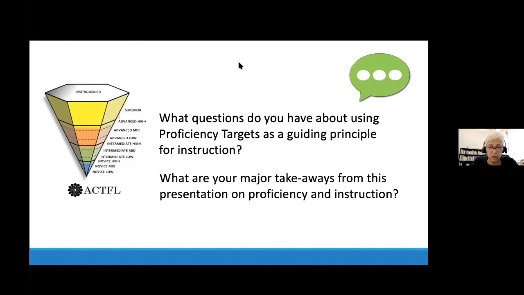So I've noticed a question that has popped up a couple times. Should we use the standards or should we use these ideas around proficiency? I want to make clear that proficiency is what we want students to develop, because it's like learning to play the piano, using the different modes of communication.